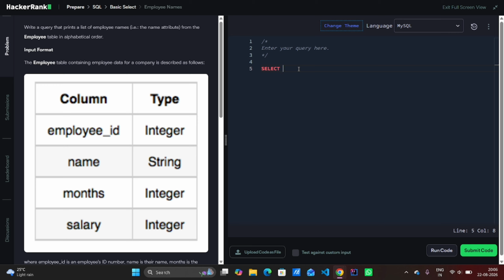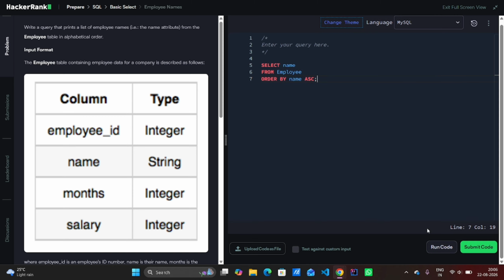Select names of the employees from the employee table, order by their names in the ascending order.